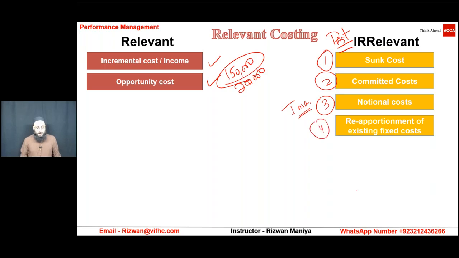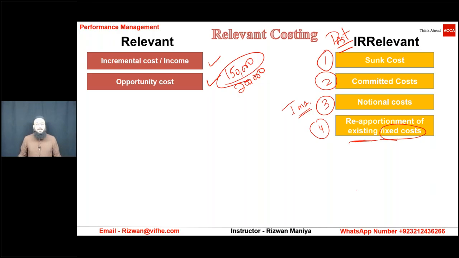The fourth and the last one is reapportionment of existing fixed cost. Yes, because it says existing fixed cost, which means rent, for example. So rent is something that is fixed. Now, you have a factory where you are paying a rent of $10,000. Any new work that you perform on that existing factory means that your rent will not change.